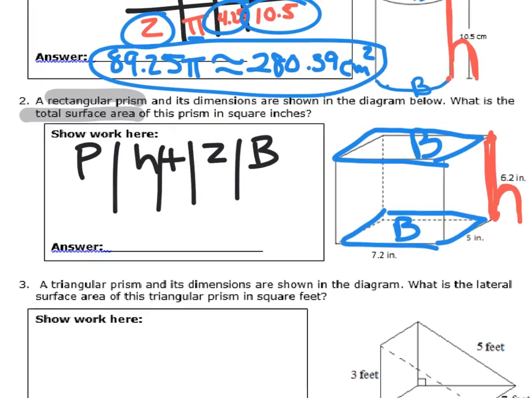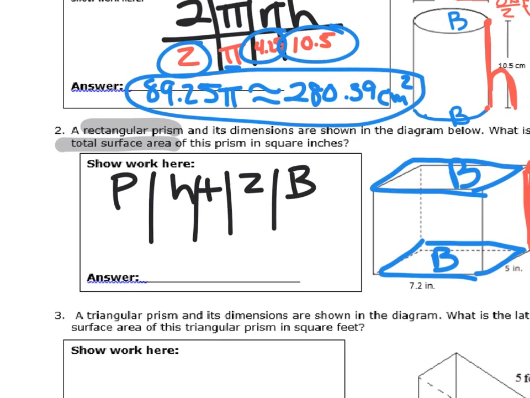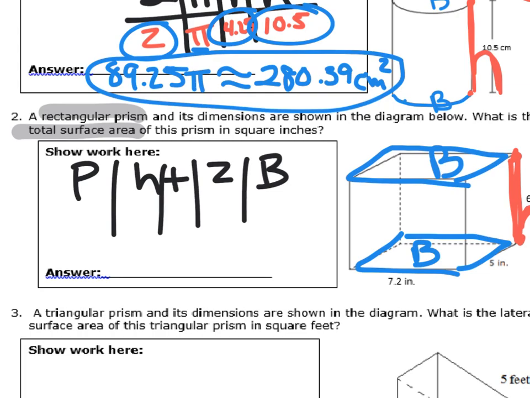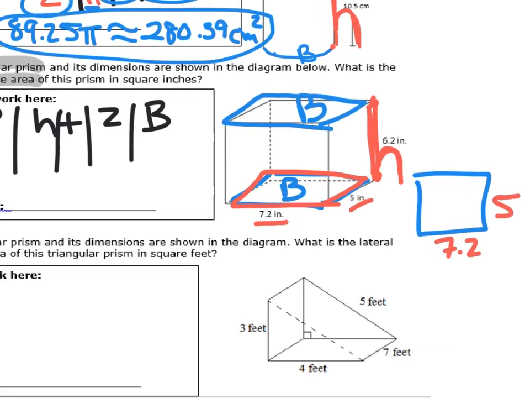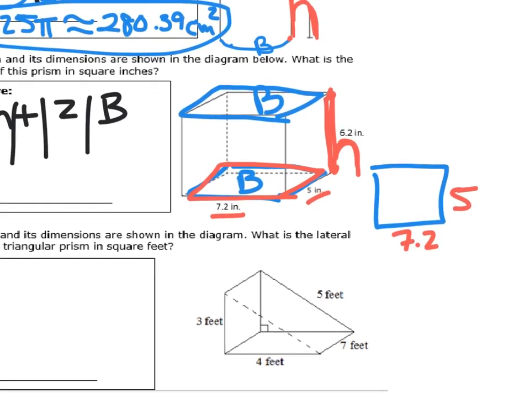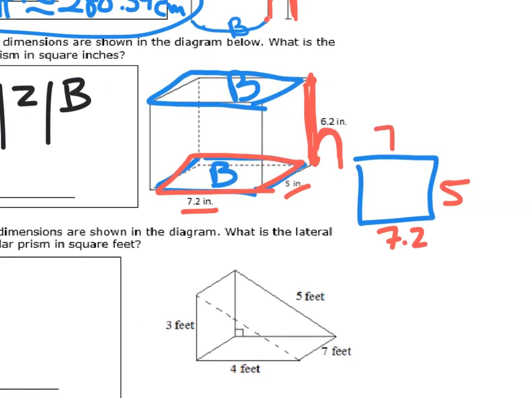So now I'm going to go back to my formula, and it says P, where P means perimeter of the base, the capital P. So I'm actually going to draw my base here on the side, and I'm going to write the dimensions that correlate with it. So this is my base. My dimension is 7.25 by 5 inches. When it asks me for perimeter, that means that I want just the outside, so I'm going to label these other sides, 7.2 and 5, and I'm going to add up those 4 numbers.